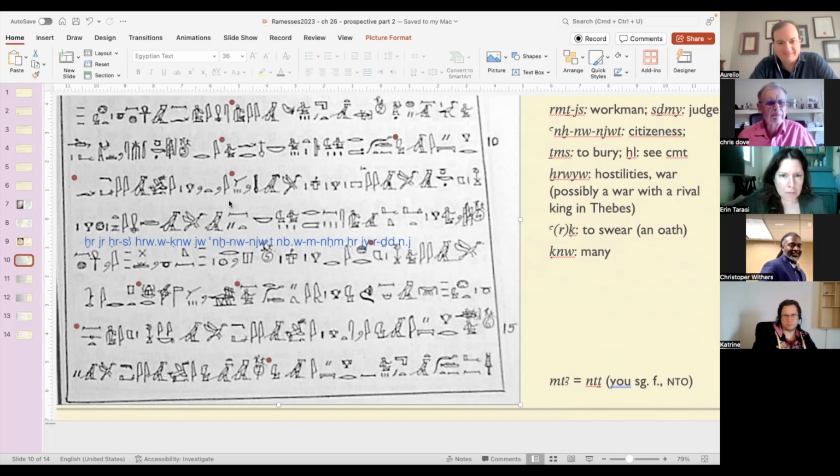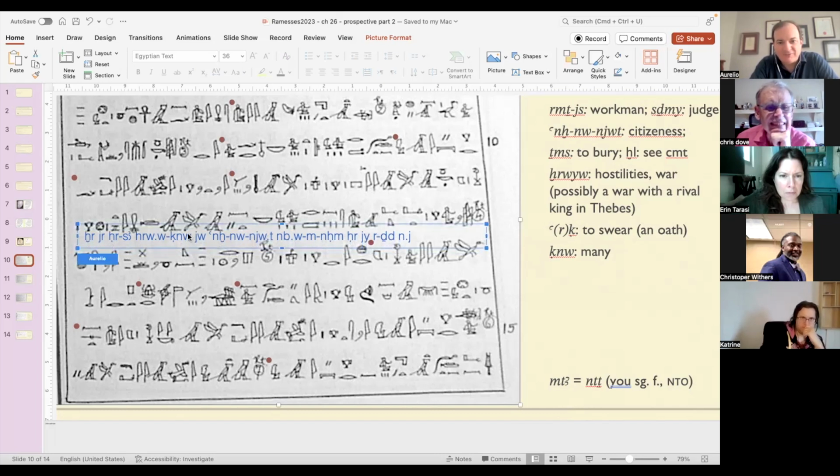I'm stuck again. Help. Where's the main verb, do you think? That's what I'm trying to find. It's only really one candidate. Well, not true, there are two. What verbs do you have? Well, we have a Nechem. Oh, this is part of the name.